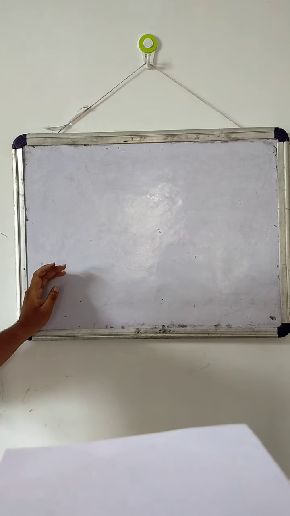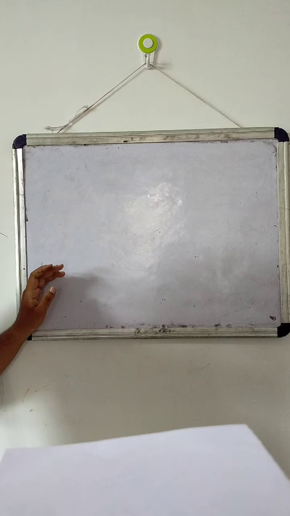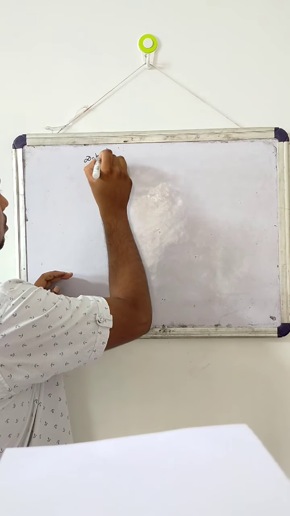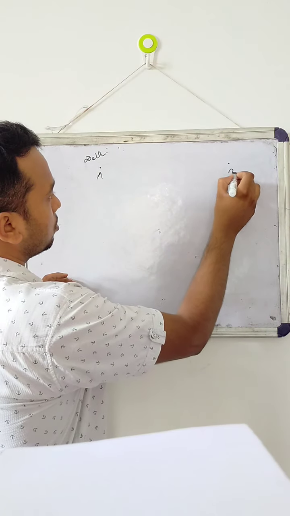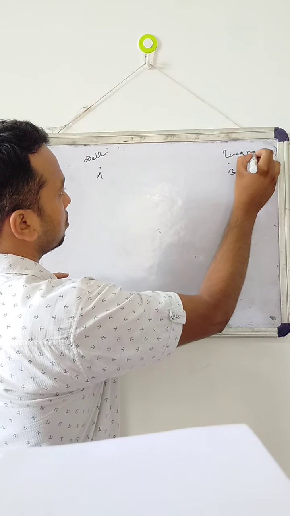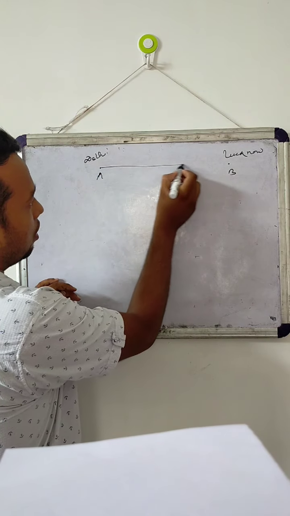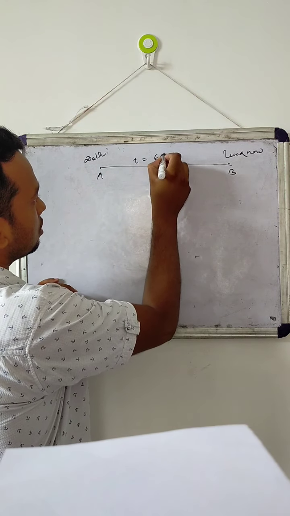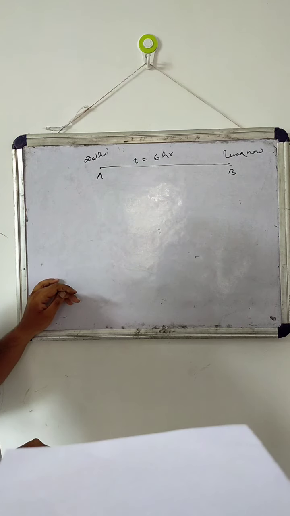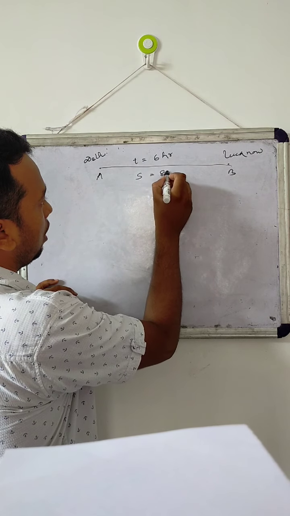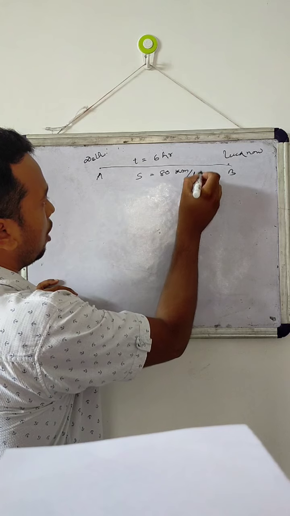So take another question. This is the position of Delhi and this is the position of Lucknow. A train takes 6 hours to travel from Delhi to Lucknow with a speed of 80 kilometers per hour.